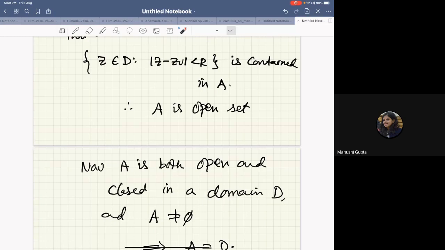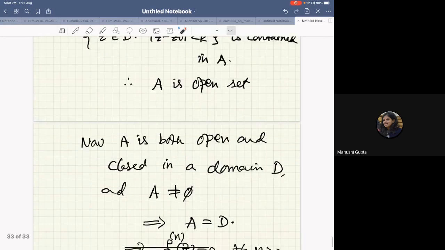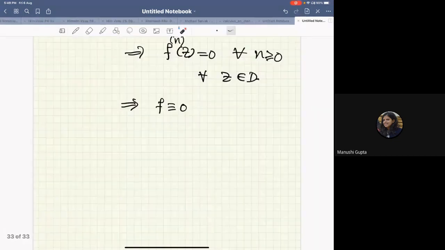Yes, sir. Since we took z naught belonging to A, and f is continuous, we will have a neighborhood around z naught for which f will be 0. Because of continuity, that neighborhood will also belong to A. Oh, I think that can also be twisted, right, sir?